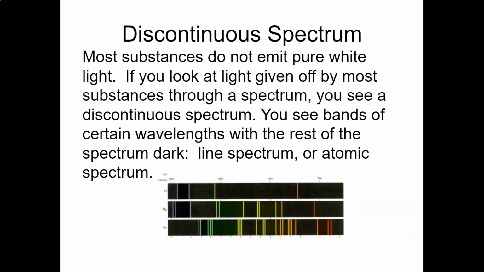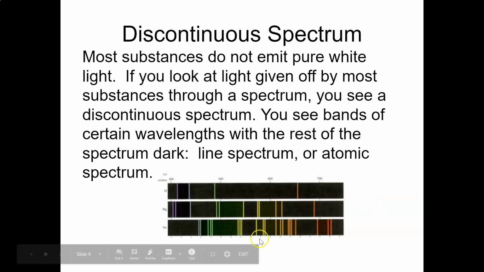A discontinuous spectrum, however, is what happens when you pass the light that's emitted from something that doesn't give off pure white light through a spectrum. So most substances don't give off white light. They usually only give off certain wavelengths. And so if you pass that light coming from something through a prism, what you get is something called a line spectrum.